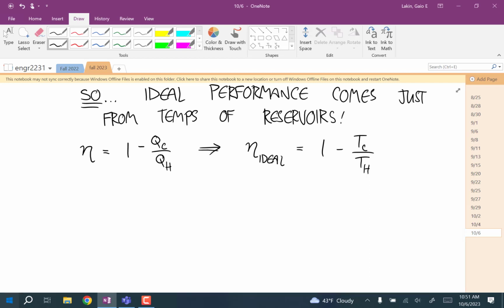And for the refrigeration cycle, the coefficient of performance was QC over the quantity QH minus QC.